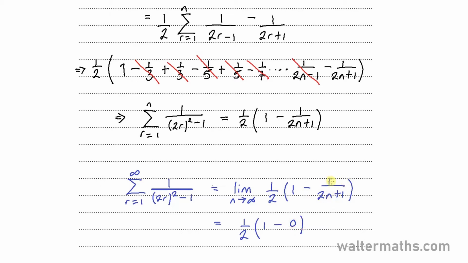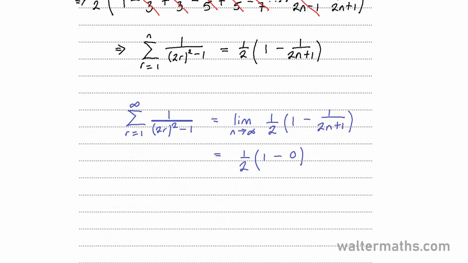I'm sure you should know that if we hold the numerator constant and we increase the value of the denominator, the overall value of this fraction will increasingly approach 0. So the limit will be 0 for this fraction. So this can be simplified to a half, and that's the answer to the second part of the question. So that's basically how we handle questions like this.